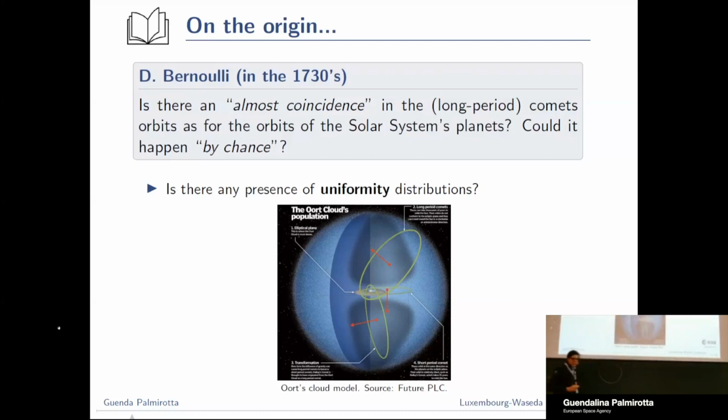I hope that the online guests can also see what I wrote on the blackboard. So imagine here you have the sphere. This is our Oort cloud. And you have, for example, here, long period orbits of the comets.